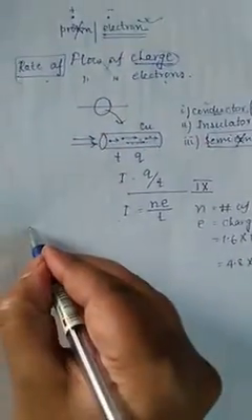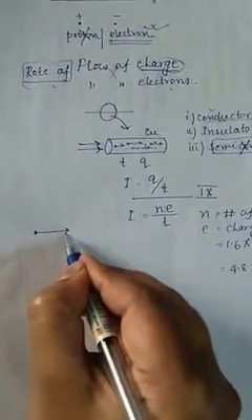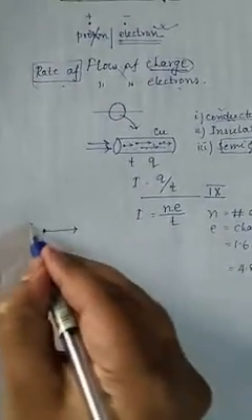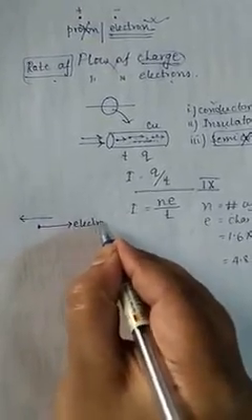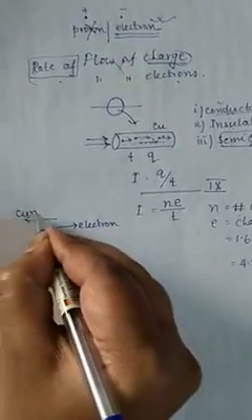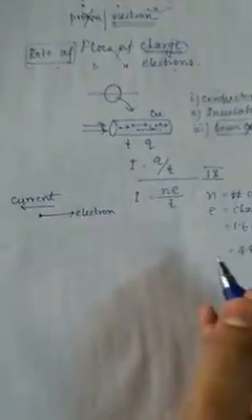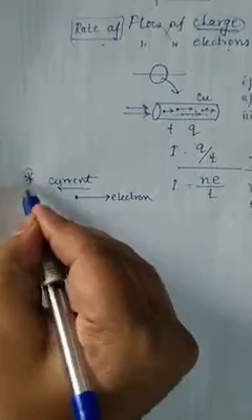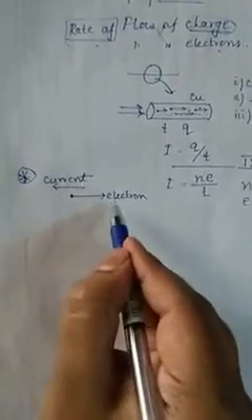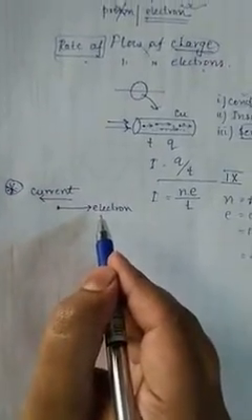So if the negative charges flow along this direction, we must say the current flows along the opposite direction. Electron is flowing along this direction, so the current will be along the opposite direction. This is very important, and I think you already know about this. The current always flows opposite to the electrons.